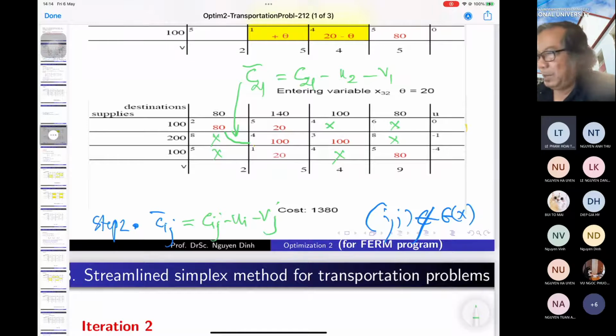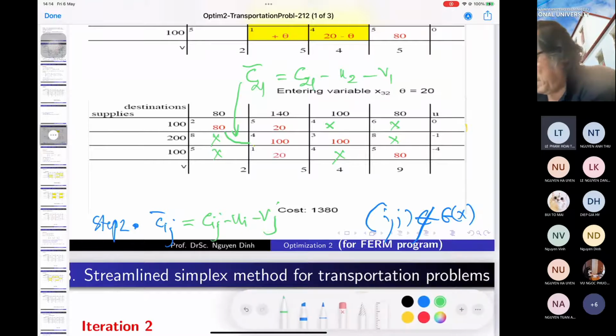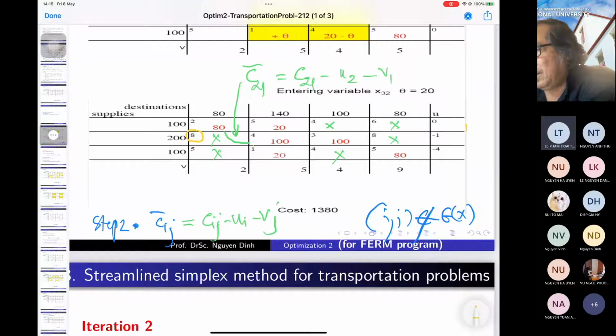But you can calculate directly on this table, very easy. So I tell you, how can you calculate this? C bar 21 is equal to C21 is here. This minus this number minus this number.